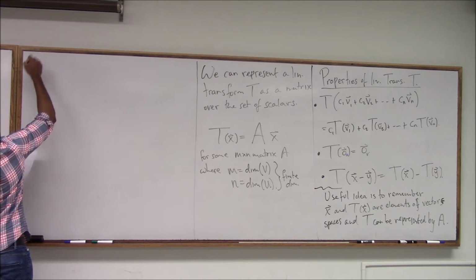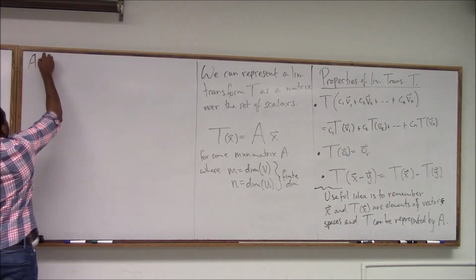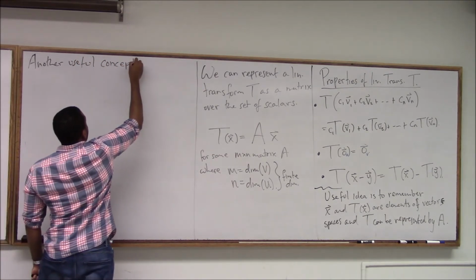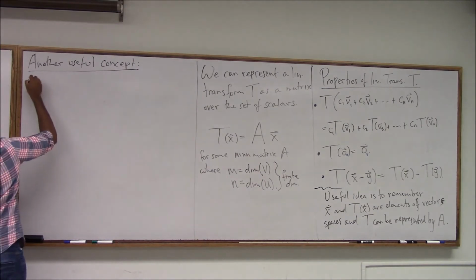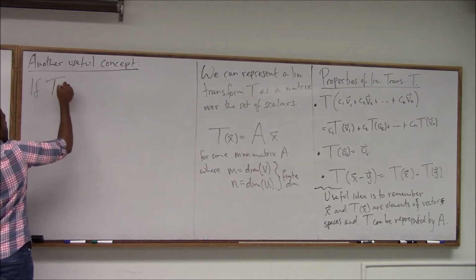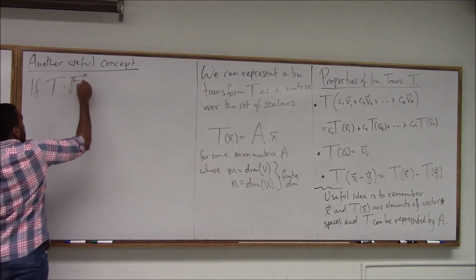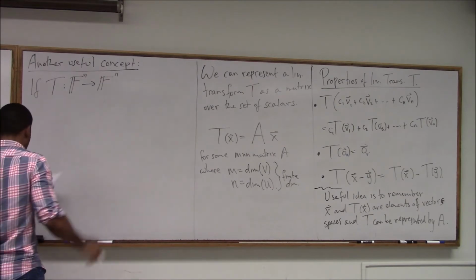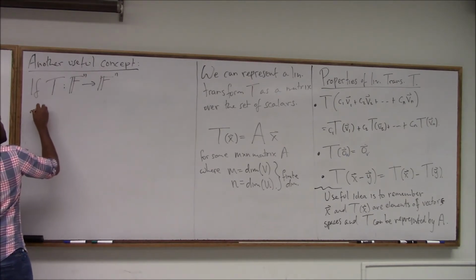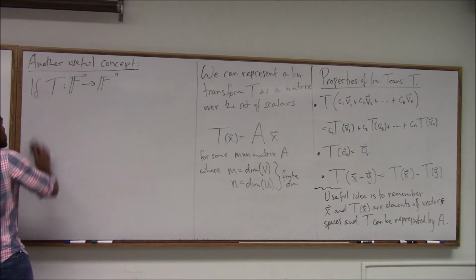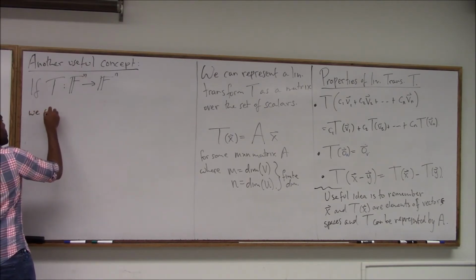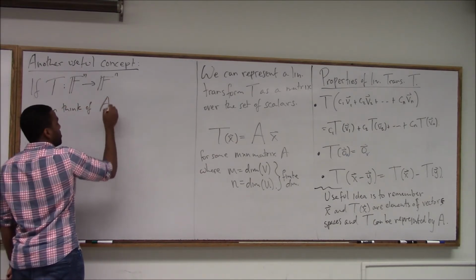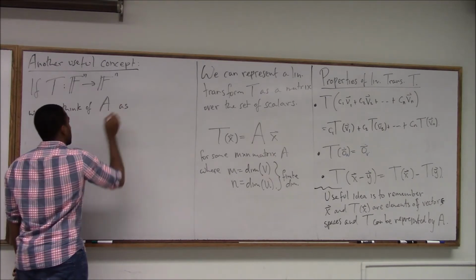Here's another useful concept. If we have, for example, T from Fn to Fn, where F represents the real numbers or the complex numbers, then we can think of A, the matrix A that represents T, as this matrix.